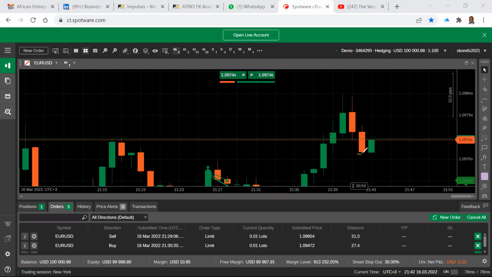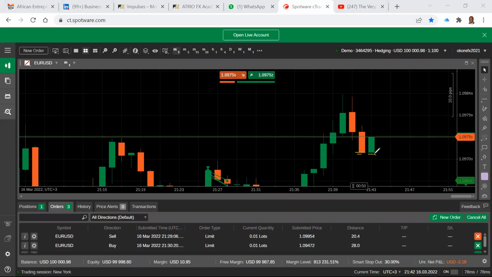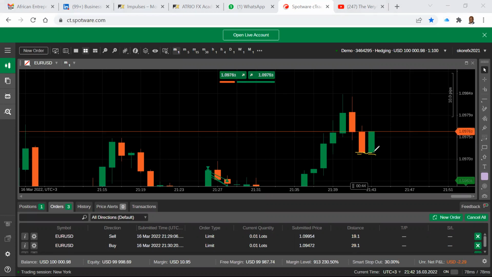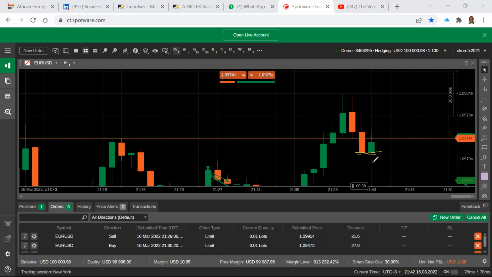Look at where it closed. Where it closed becomes the opening price as it's going up. It's closed right here. If you look properly, that's where it opened. Similarly, maybe it has established a low, but now it has established a high.